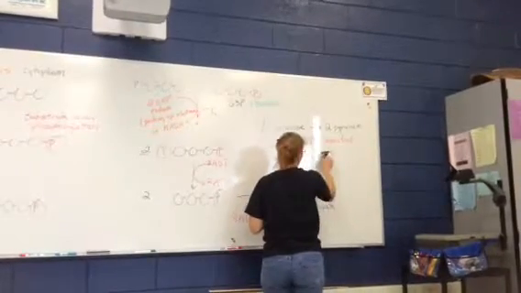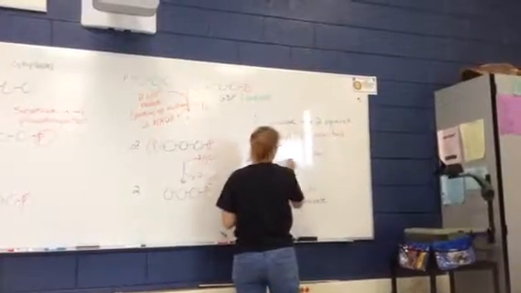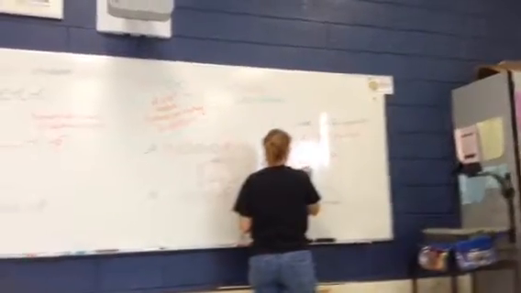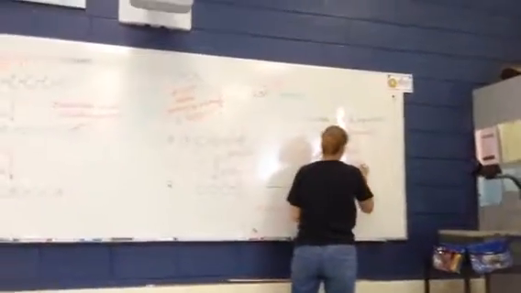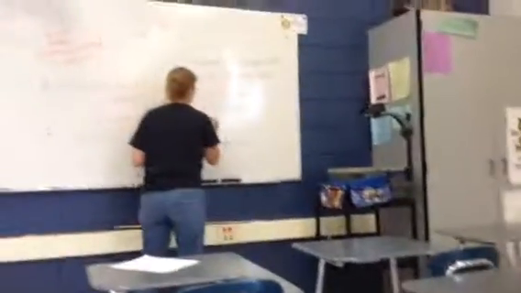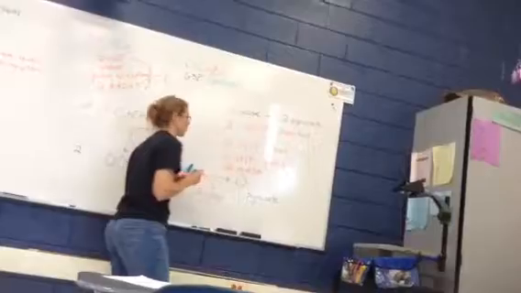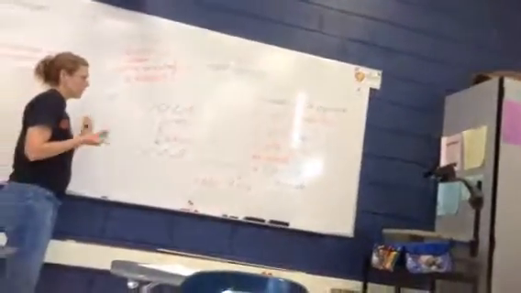Our profit margin would be 2 ATPs. And we also ended up getting 2 NADHs, or we could say 2 full electron taxicabs that we referred to. And that is glycolysis.